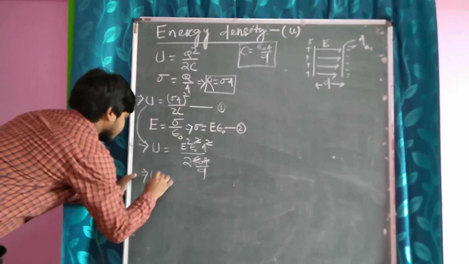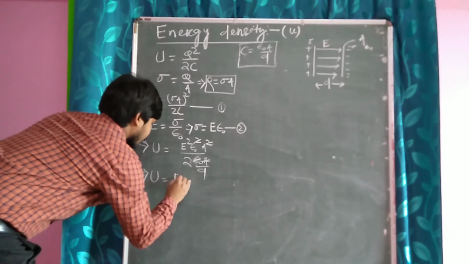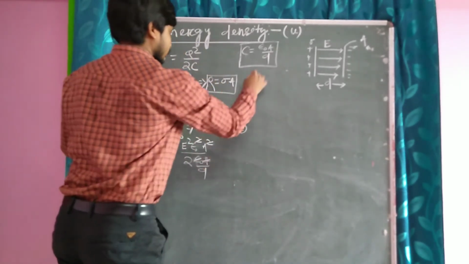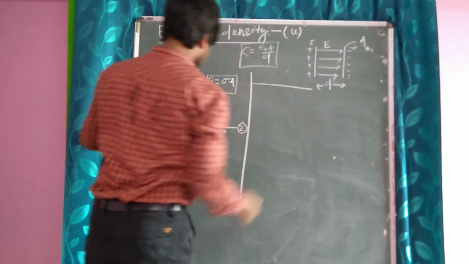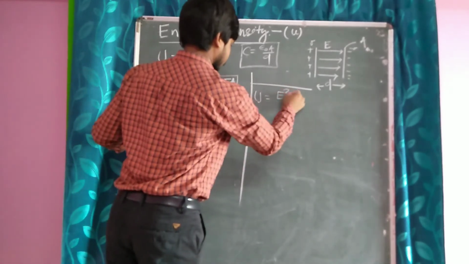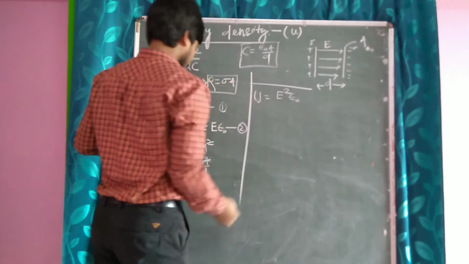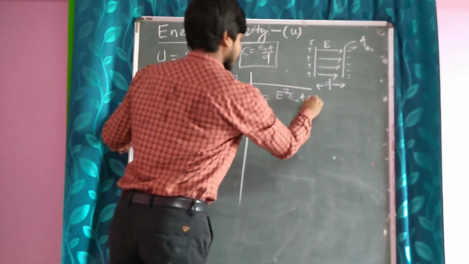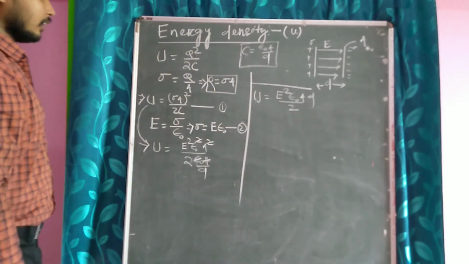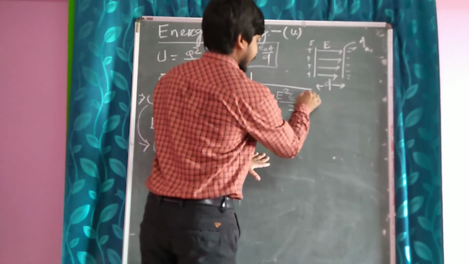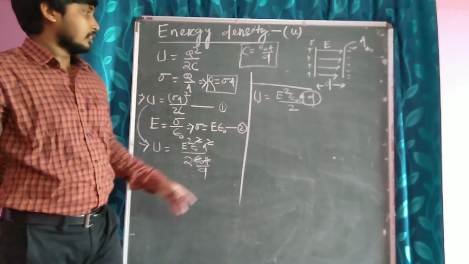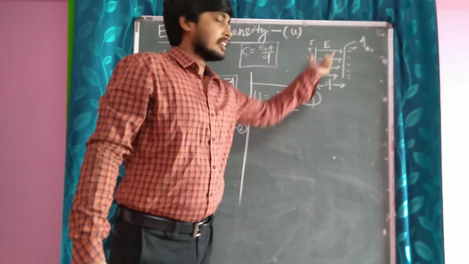You will get U equal to E square epsilon naught A into D divided by 2. And you can see that A is the area of each plate and D is the distance in which the electric field is present.